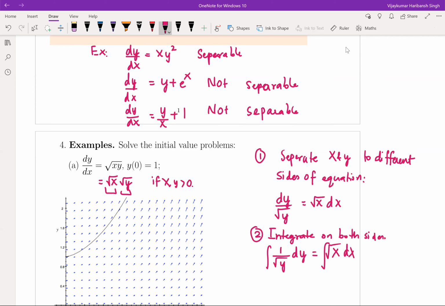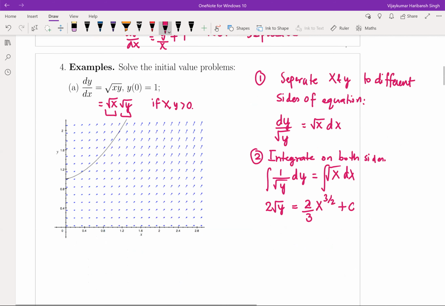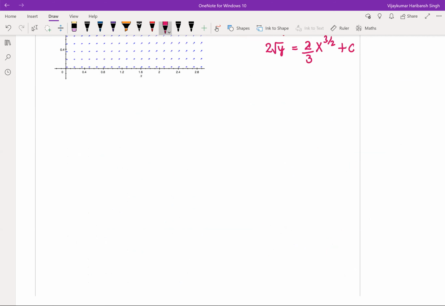Now the integral of 1 over square root of y is 2 times square root of y, which equals 2/3 times x to the power 3/2 plus a constant c. This is not a complete solution yet. Nevertheless, we got this now.